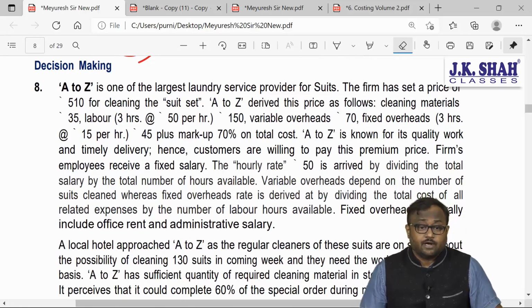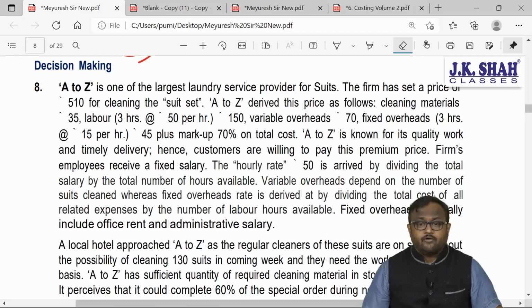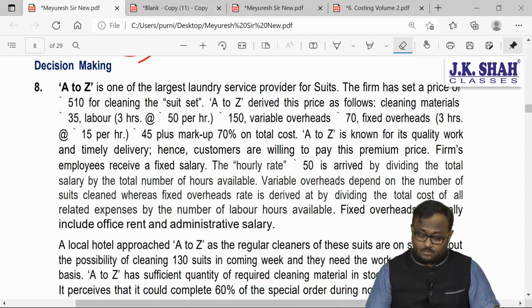Next question is question number 8. It's about decision making. A to Z is one of the largest laundry services providers of suits. The firm has set a price of 510 for cleaning a suit set. A to Z derived this price as follows. Cleaning material at the rate of rupees 35.